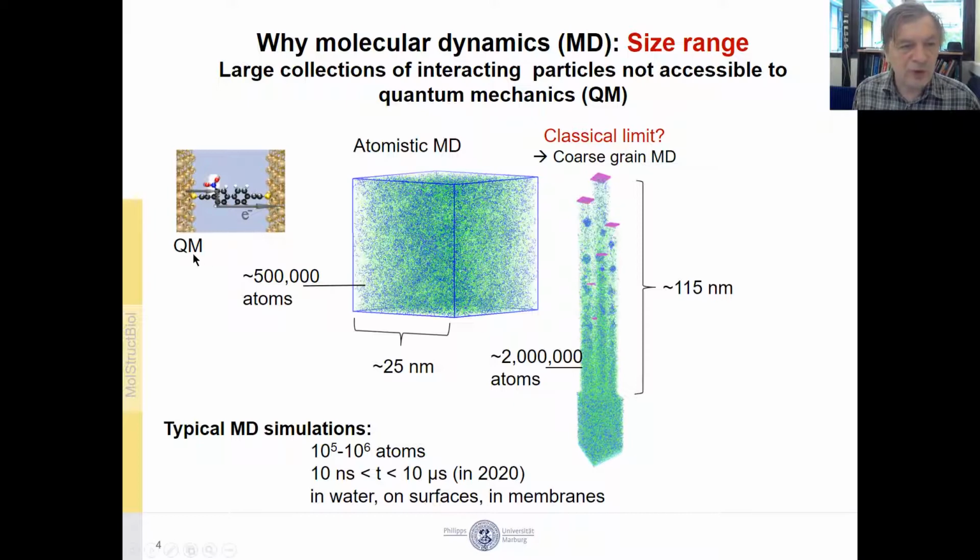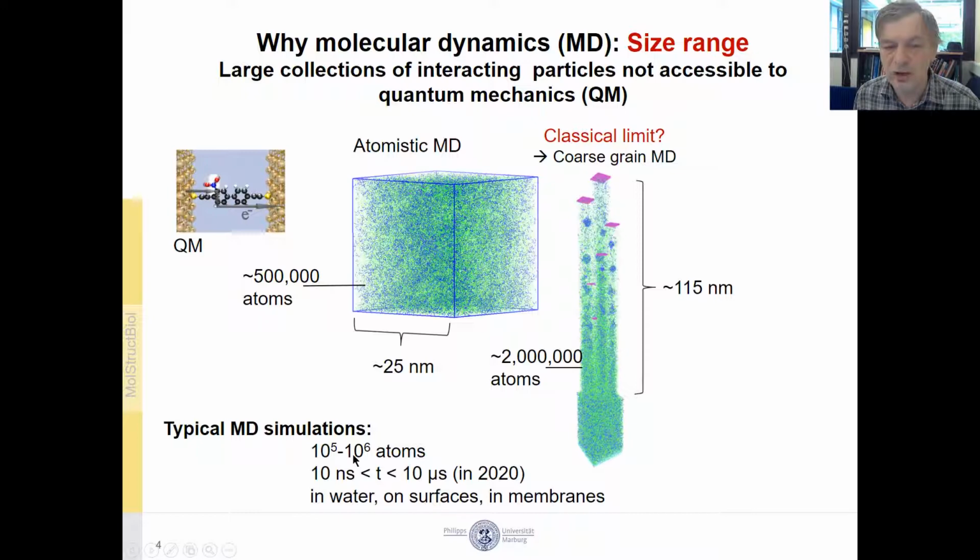So we have to do a certain kind of simplification, and this simplification is given in molecular dynamics, because now we move from quantum mechanics to classical mechanics, to the good old classical mechanics of the 19th century. When we do this step, the mathematics for describing the interactions becomes much simpler, and we can now simulate large systems.